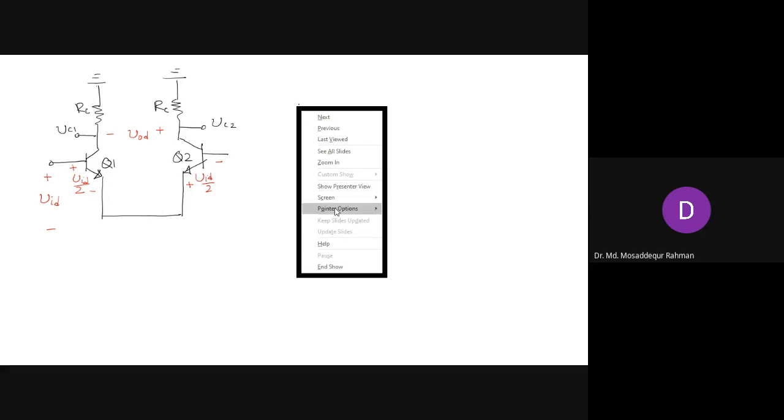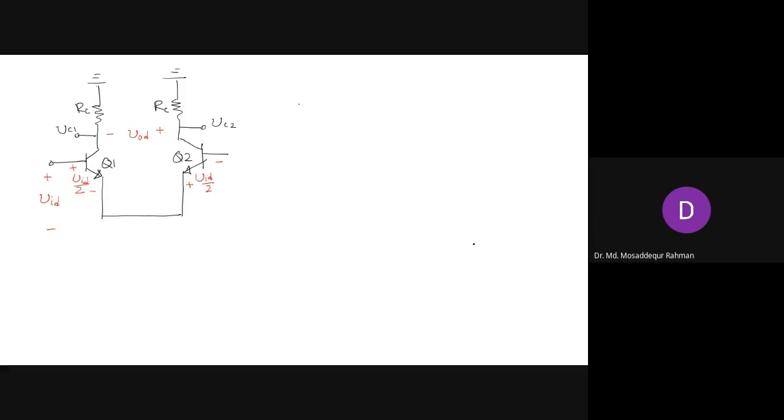This part is half VID, positive on this side, and this is also half VID, but with a minus sign here.